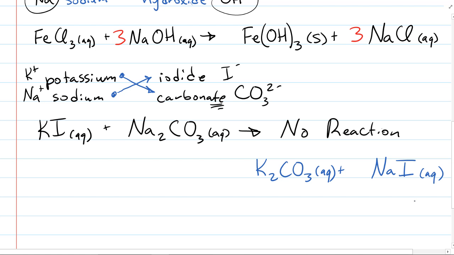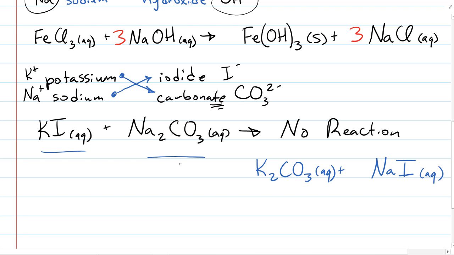So the rule goes something like this. If we start with two aqueous ionic compounds, and you might want to write this down if you can't remember it, or you can listen to it first and then write it down. If we start with two aqueous ionic compounds, and the products show that two aqueous ionic compounds would form, then we have no reaction that would take place.